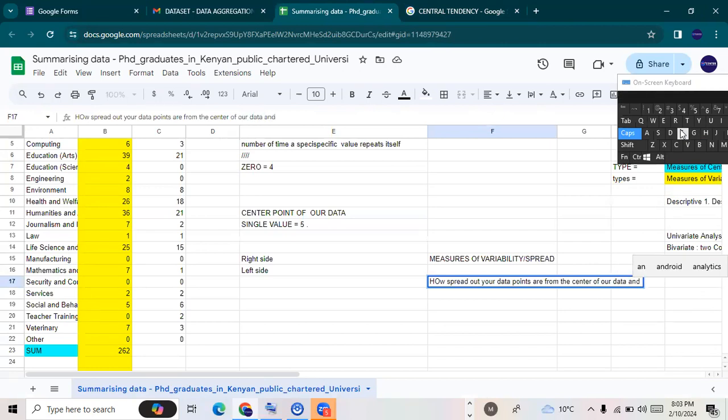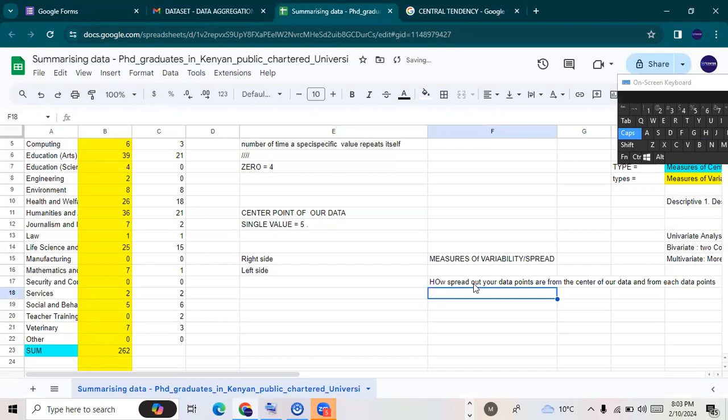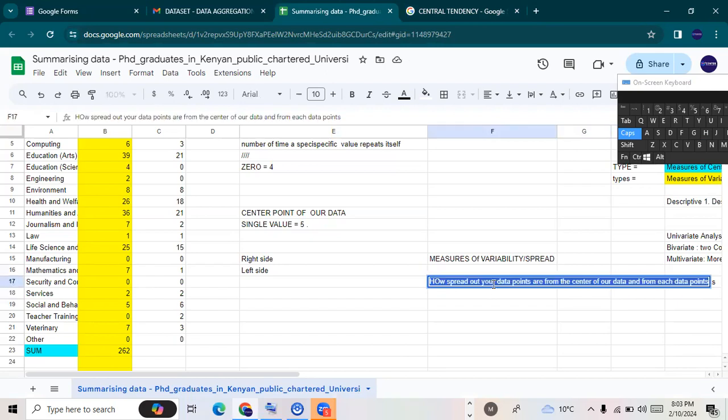and from each data point. So how spread out your data points are from the center of our data and from each data point.